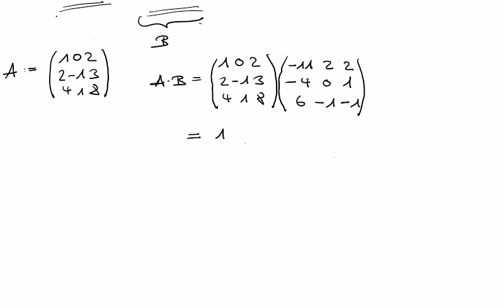Then we have 1 times 2, that's 2, 0 times 0, that's 0, 2 times minus 1, that's minus 2, so we have 2 minus 2, that's 0. And here we have 1 times 2 plus 0 times 1 plus 2 times minus 1. So that's again 0.